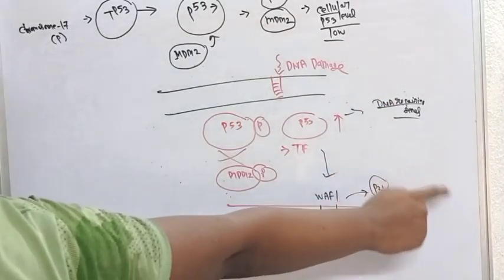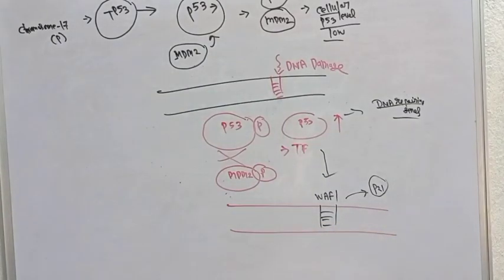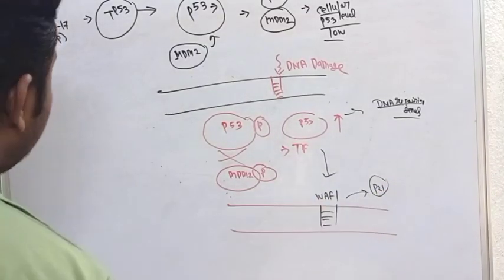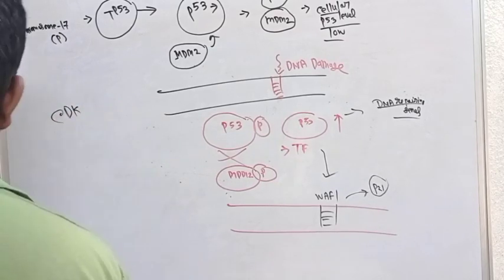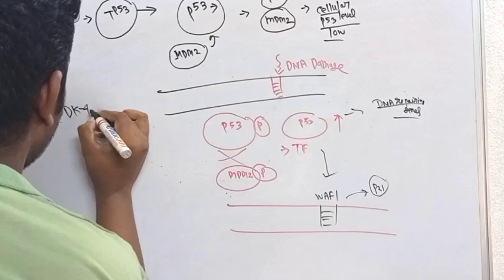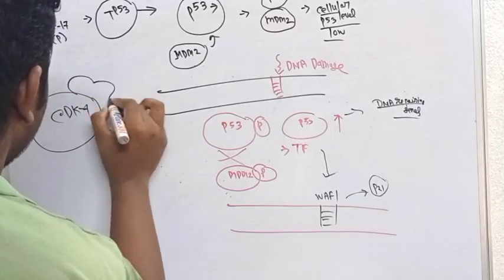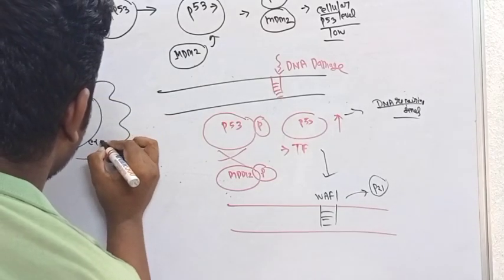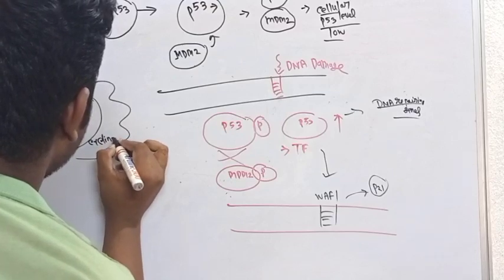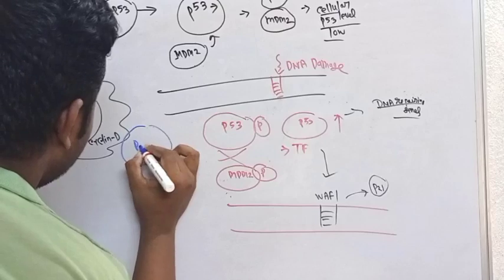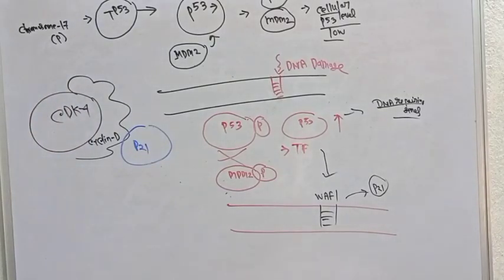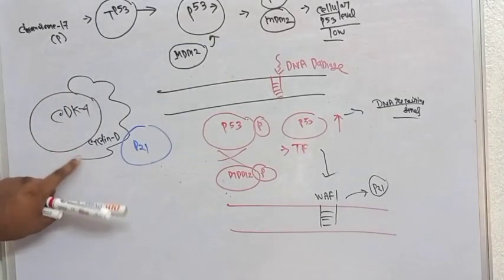WAF1 gene transcription leads to P21 protein production. This P21 protein binds with CDK4 and cyclin D complexes and inhibits the kinase activity of these complexes.